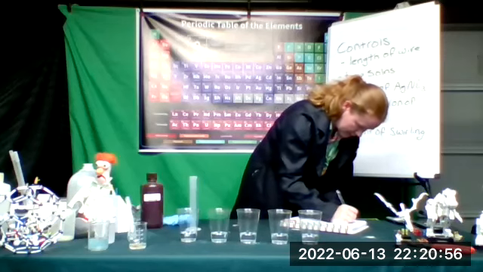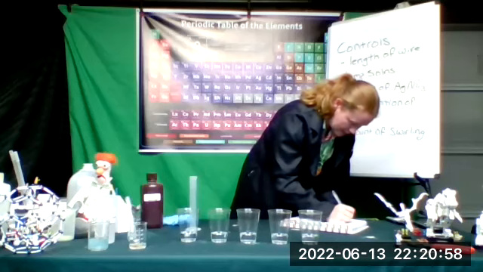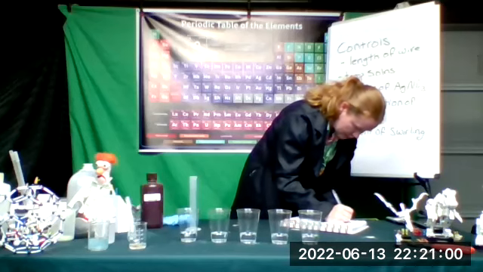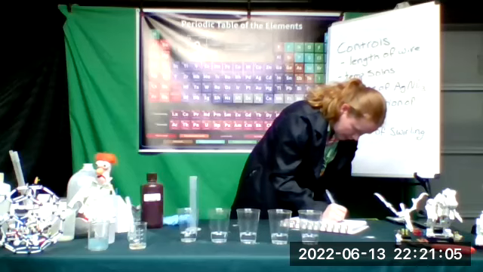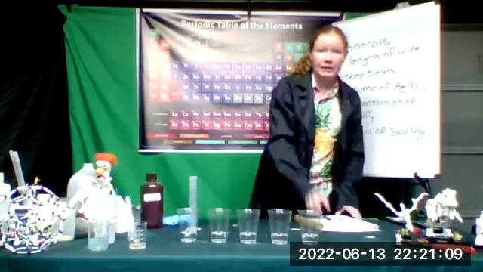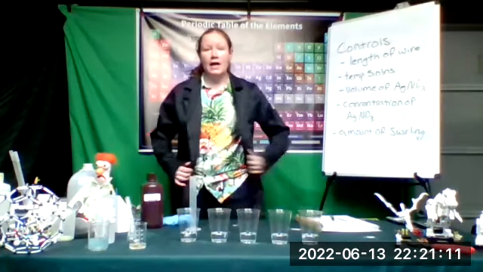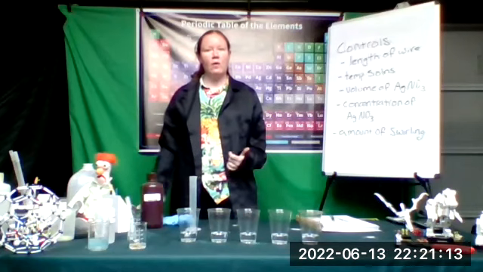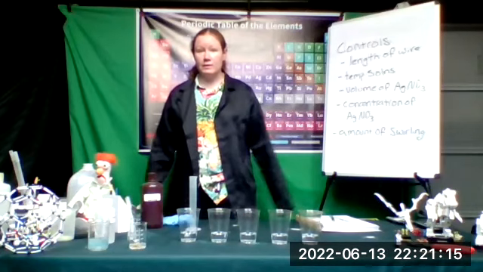And then I'm going to have time 0. At time 0, I have 0% of my wire dissolved. Then I'm going to check these at periodic intervals and estimate the percentage of the wire that's dissolved at each of those periodic intervals.